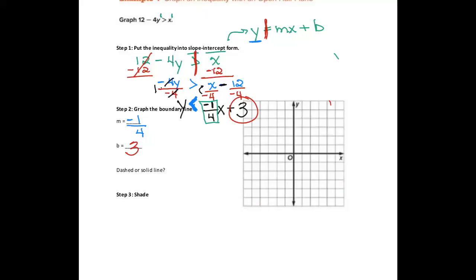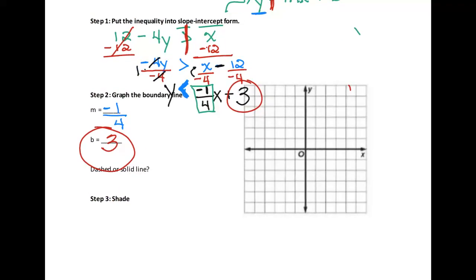Now, we need to graph this. But remember, it's an inequality. So I am going to graph, just like it was an equation, your constant first, your y-intercept. That's 3. That's 1, 2, 3. Y-intercept is on the y-axis. And from there, I am going to go down 1.